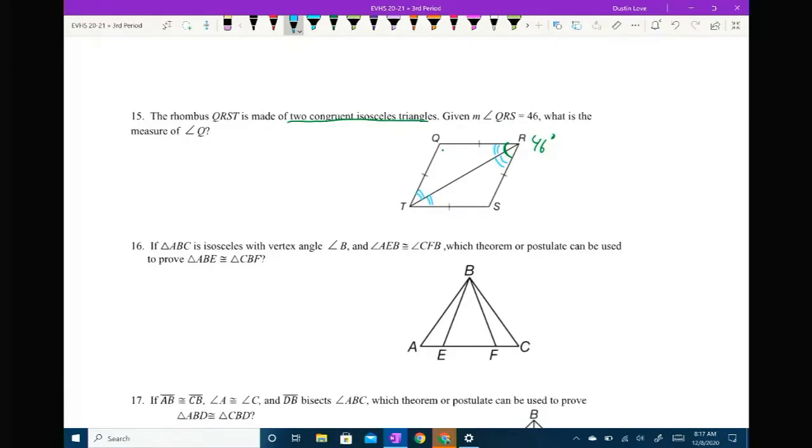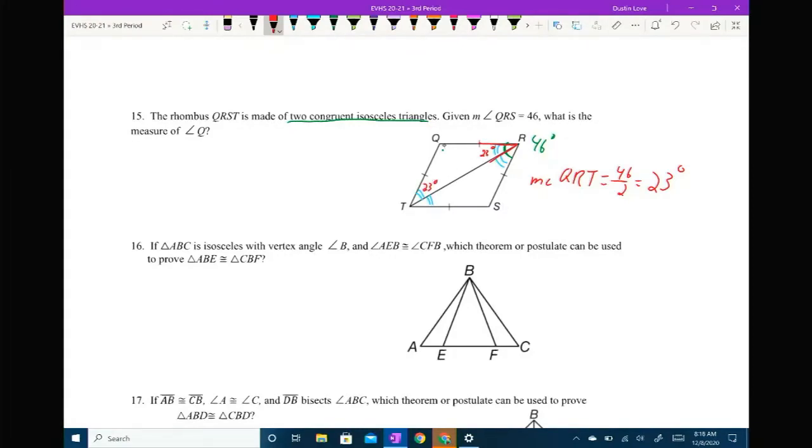So what that means is that the measure of angle QRT, and let me do that in a different color, is going to be half of this, so 46 divided by 2, which is 23 degrees. Now I can write this 23 in here. Since angle T is also congruent to it, it's 23 degrees.